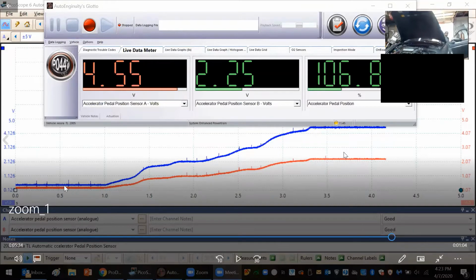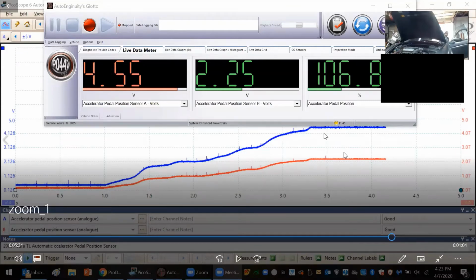All right, looking at the video of the APP, accelerator pedal position sensor voltage that we were looking at on the Pico, you'll notice that there is a nice smooth curve. There are no dips in the sensor voltage. There is no erratic behavior in the sensor voltage.